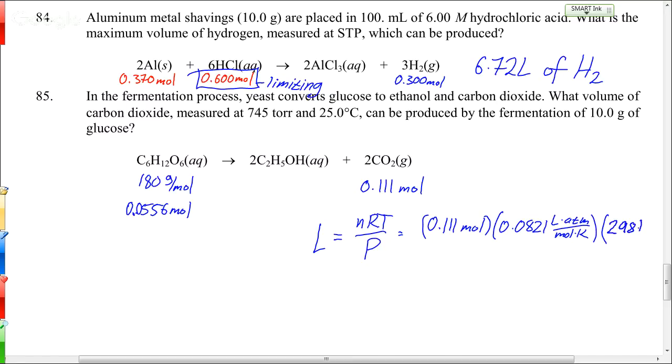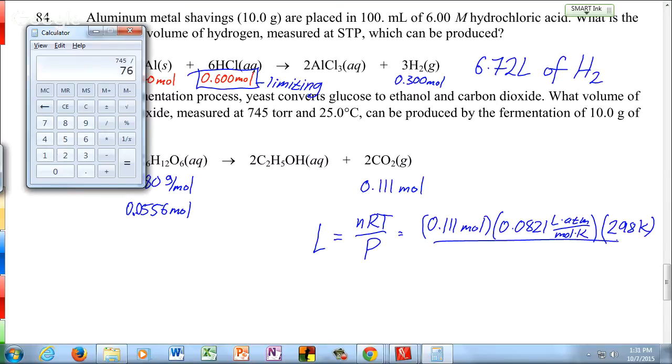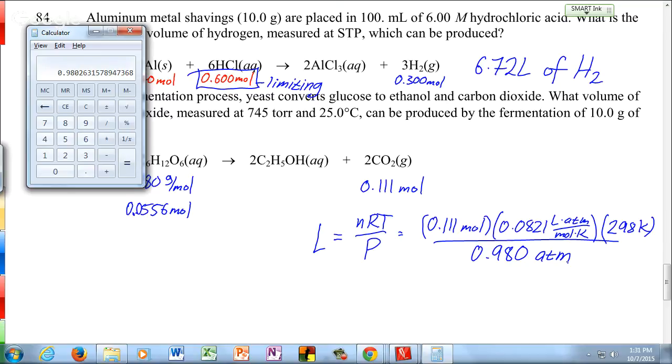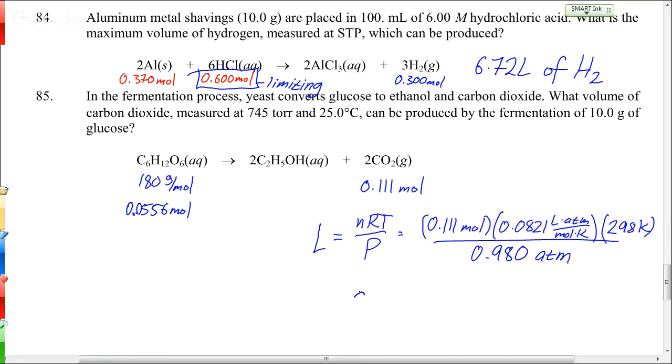Temperature is 298 K. And the pressure is 745 torr, which divided by 760, we get 0.980 atmospheres. All right, let's calculate this. 0.111 times 0.0821 times 298 divided by 0.98. And I get 2.77 liters. Is that right?